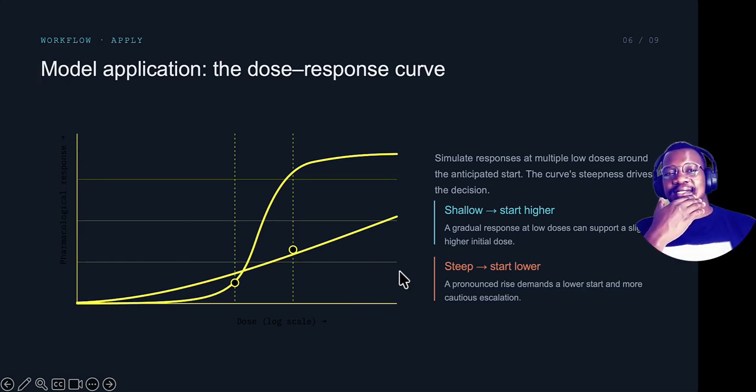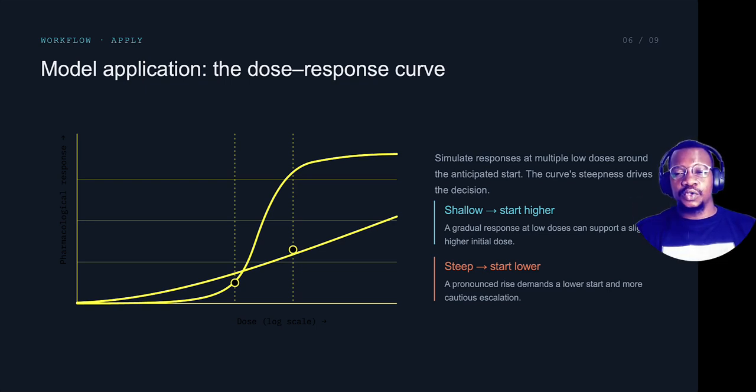So this is an example of a dose response curve. You simulate responses at multiple low doses around the anticipated start. Then the curve steepness will tell us whether we should increase the dose, start with a higher dose, or maybe start with a lower dose. So if you have a shallow curve, as we can see from the image on our left, a gradual response at low doses can support a slightly higher initial dose.